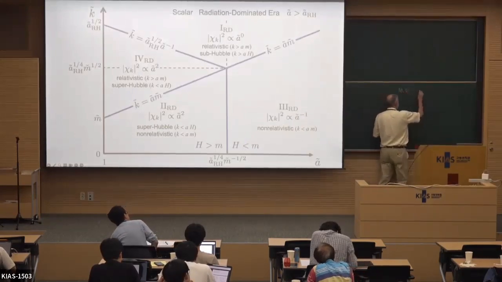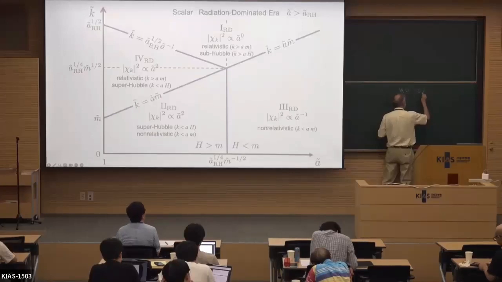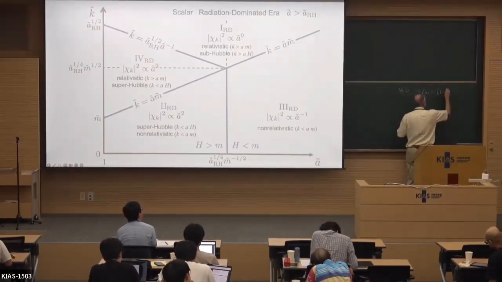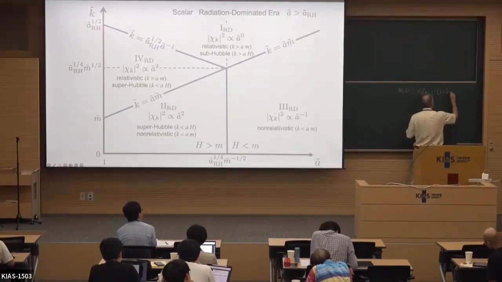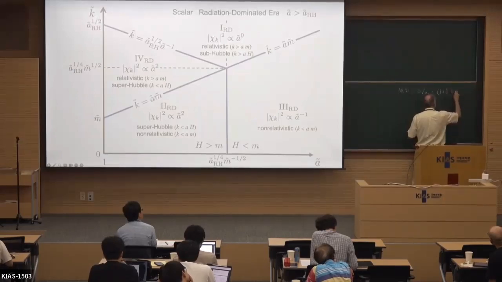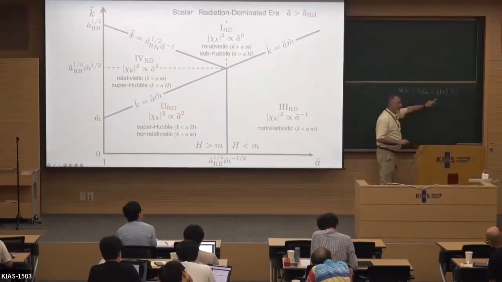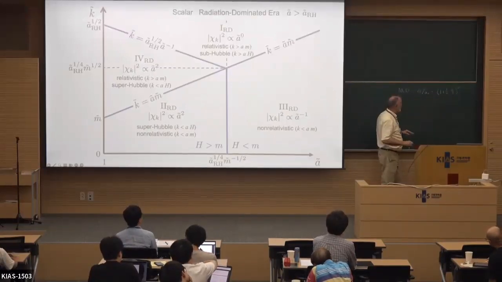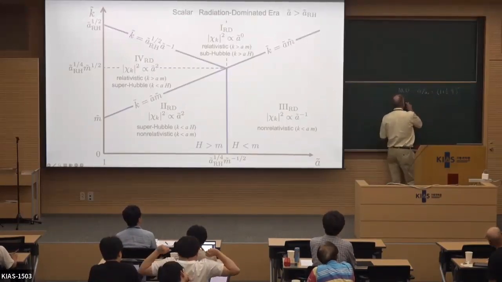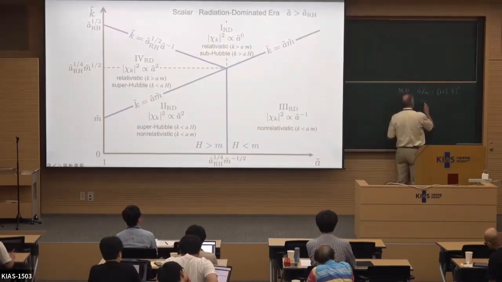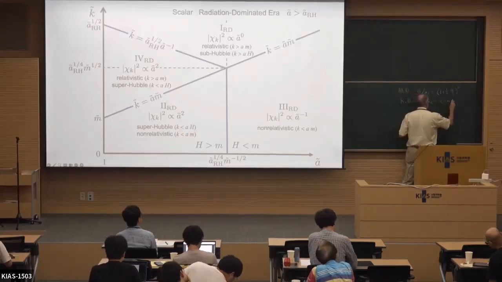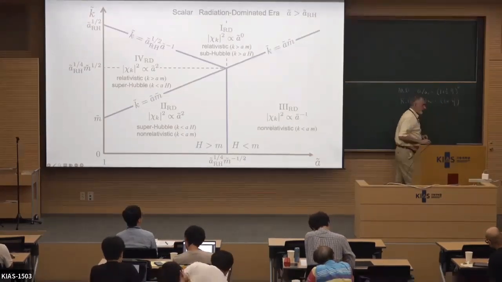For a matter-dominated phase, a over a_E at late time goes as eta squared. For radiation, it's linear in eta.